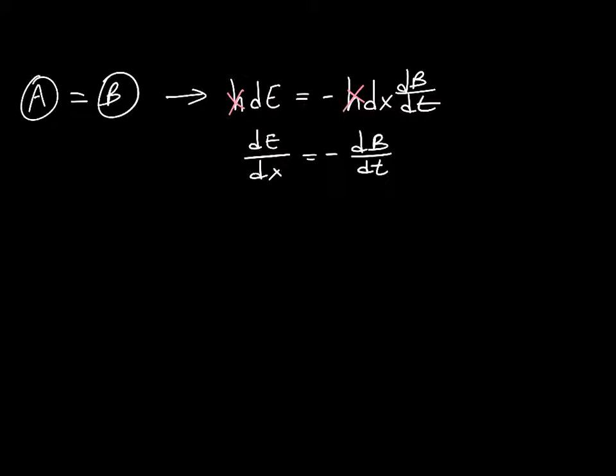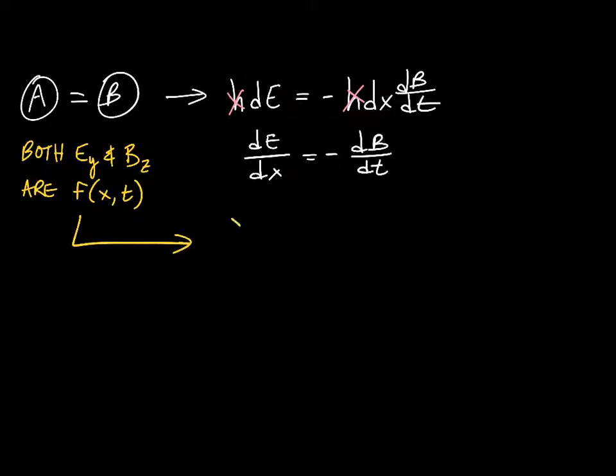All right? Now, one thing that we have to be careful of is that both E sub y and B sub z, so E is in the y direction, its amplitude, and the amplitude of the magnetic field is in the z direction, both of them are functions of x and t, which means we need to talk about partial derivatives.